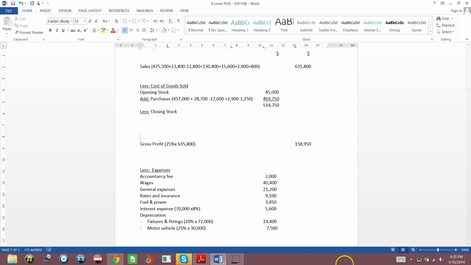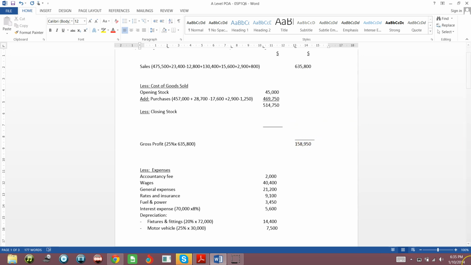Before that, I would like to put a line here. Then how much is my cost of goods sold? I'm going to put a line here. Then my cost of goods sold. That means my sales minus my gross profit will be my cost of goods sold.